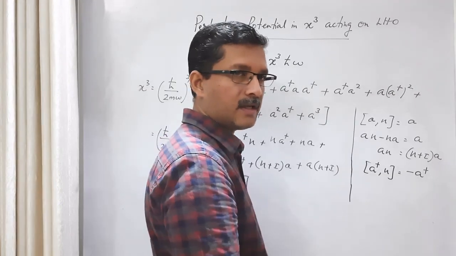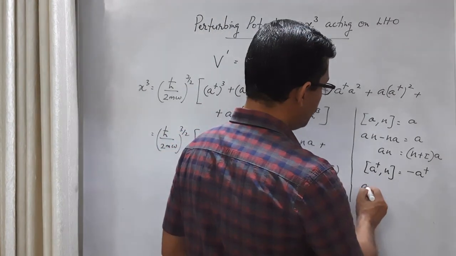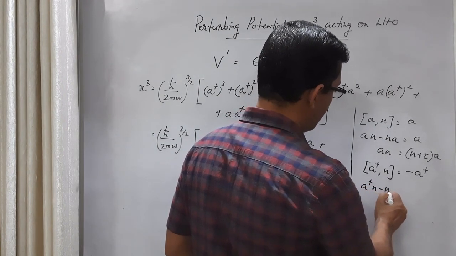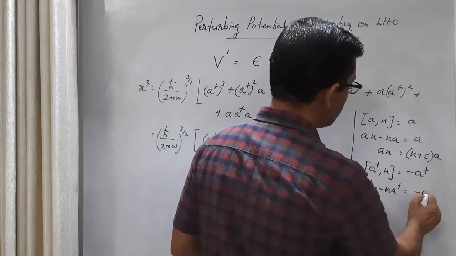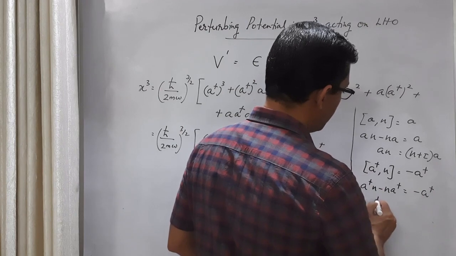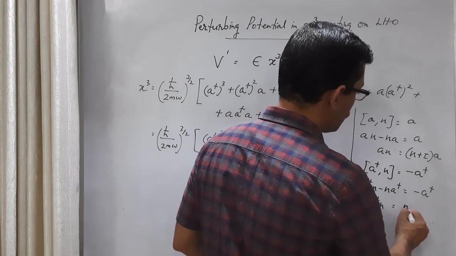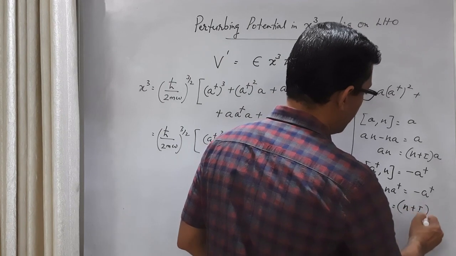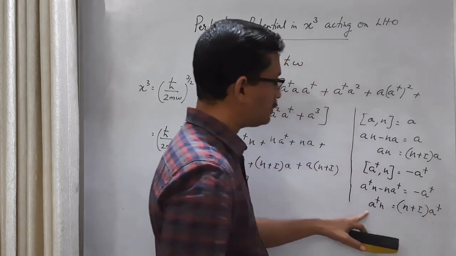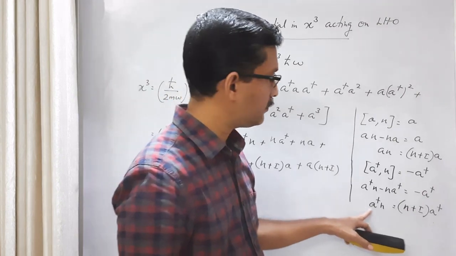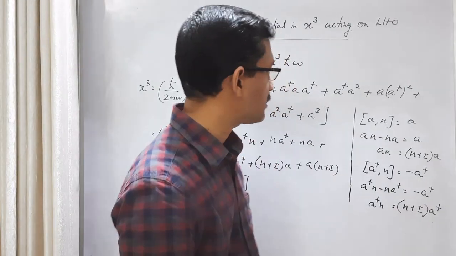This you can easily try. So if you expand, a dagger n minus n a dagger is equal to minus a dagger. So a dagger n is equal to, this we can take to the right side. A dagger is common, so n plus I a dagger. So if a dagger is to the left side of number operator, we can bring it to the right side by this relation.